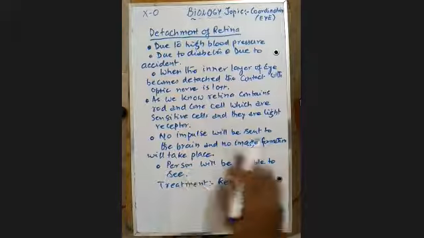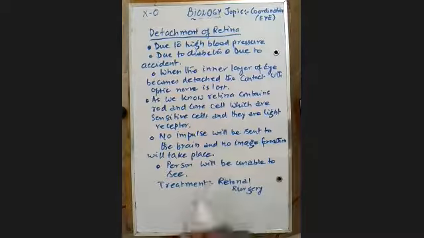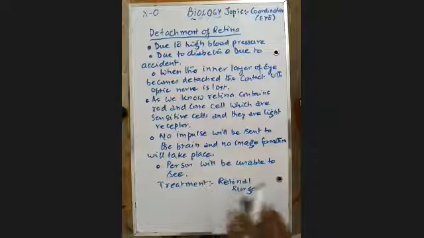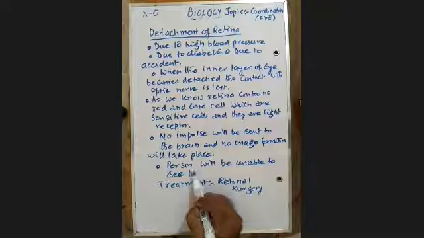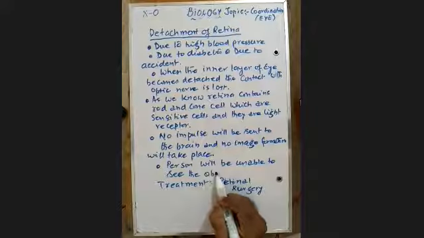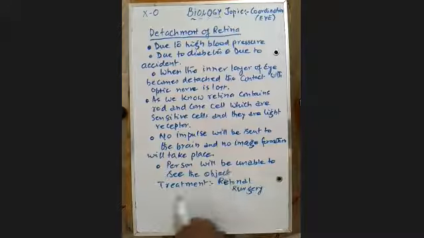So no impulse will be sent to the brain and no image formation will take place. As a result, the person will be unable to see the object. You can write down, unable to see the object. The treatment? Retinal surgery.